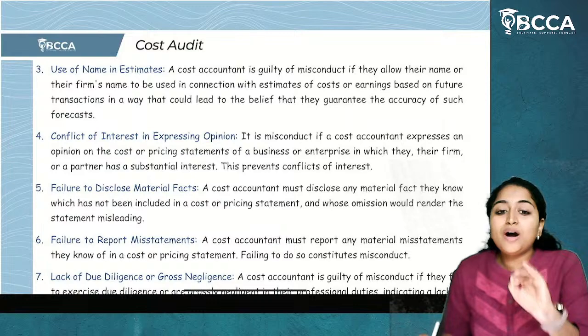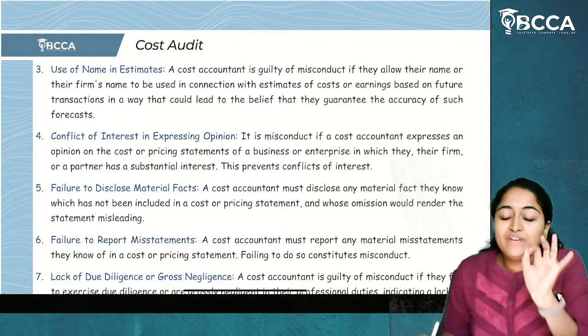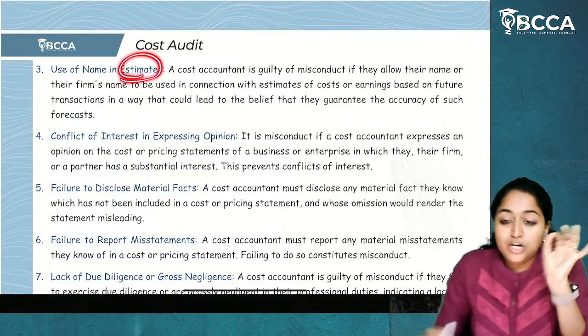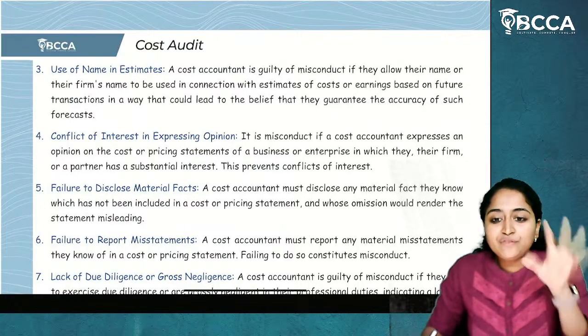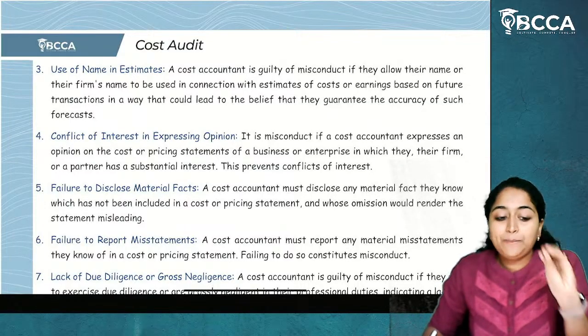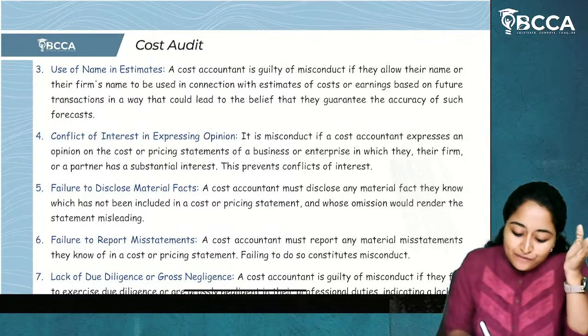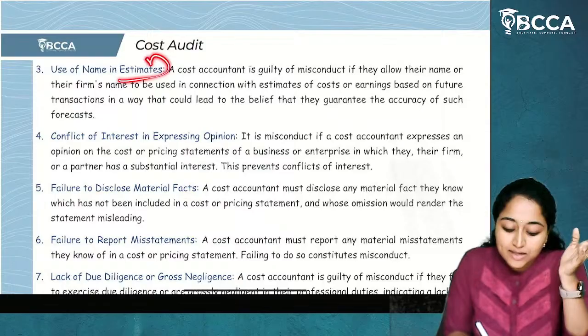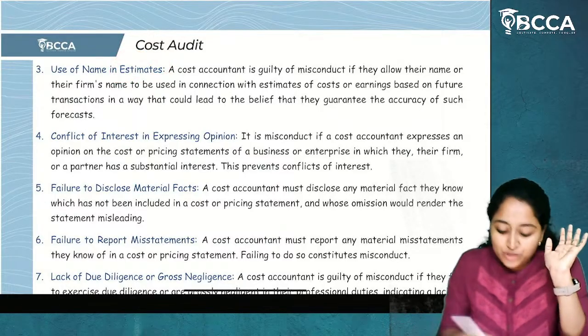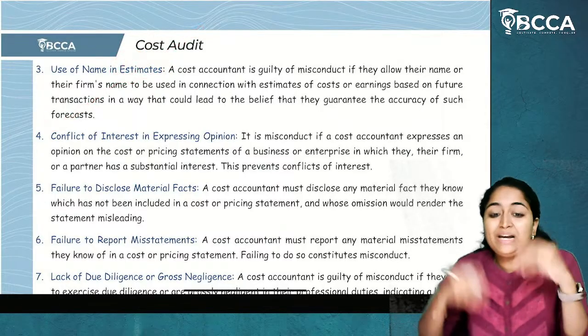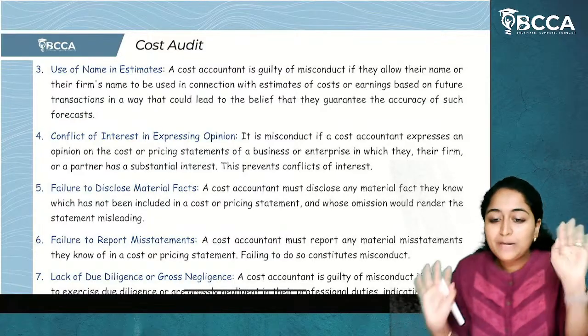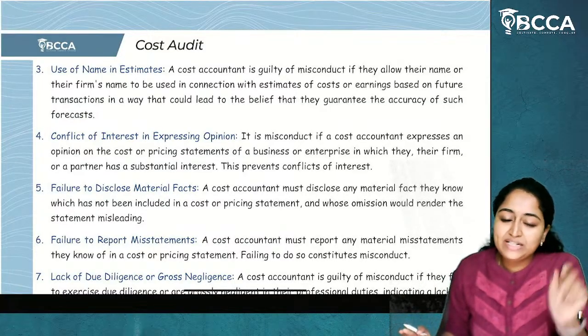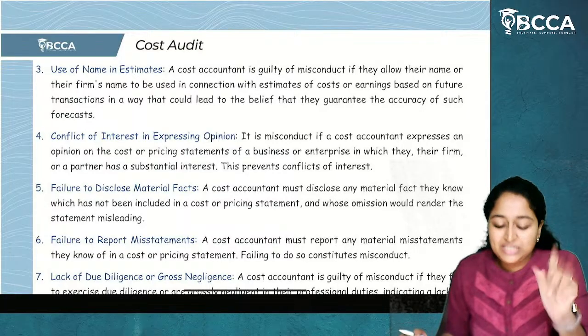If you do not have verified data or relevant information, then don't give your name in estimates. What will happen if we give our name in estimates? The people will assume that if this particular CMA professional member has given a certification of an estimate, this estimate is very true, and they will blindly trust it. So don't give them that blind trust. If you have verified data, then do it, but do not give your name in estimates.